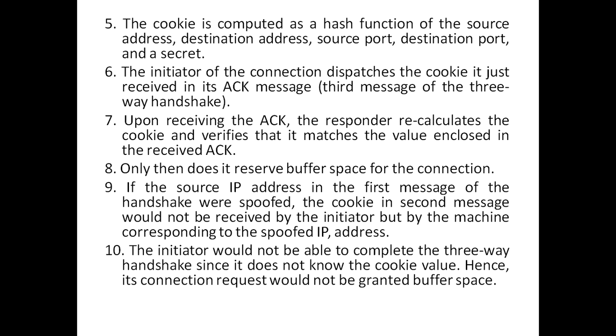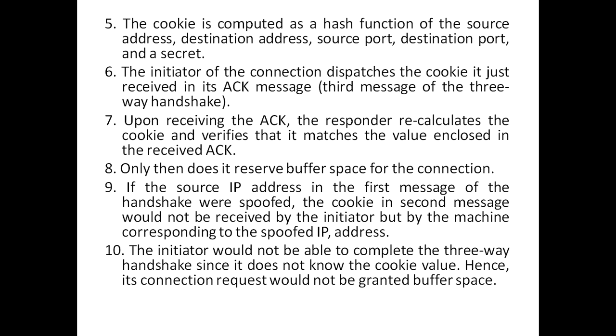Upon receiving the acknowledgement, the responder recalculates the cookie and verifies that it matches the value enclosed in the received acknowledgement. Only then does it reserve the buffer space for the connection. If the source IP address in the first message of the handshake were spoofed, the cookie in the second message would not be received by the initiator but by the machine corresponding to the spoofed IP address.